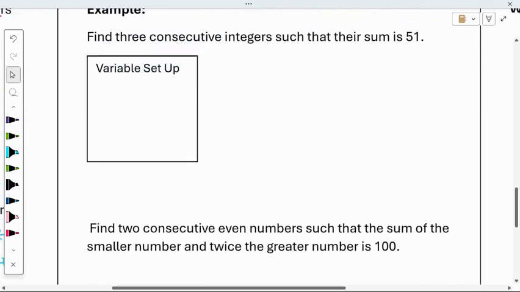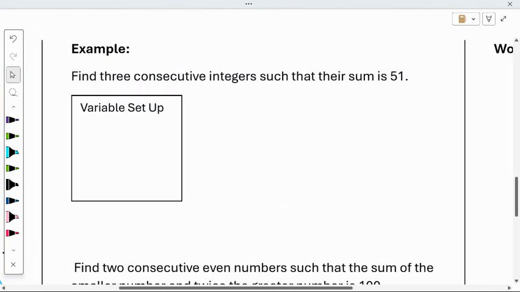Okay, so our first example, we just have to find 3 consecutive integers. So first thing I'm going to do is define my variables: first, second, and third. I always do this first before I do anything else. They're consecutive integers like 1, 2, and 3.